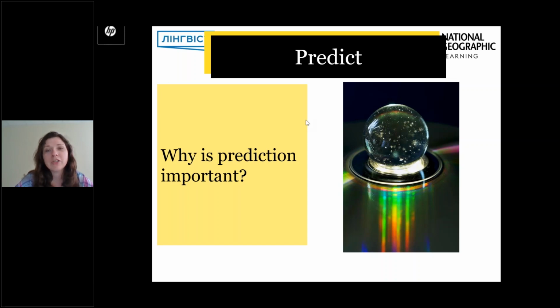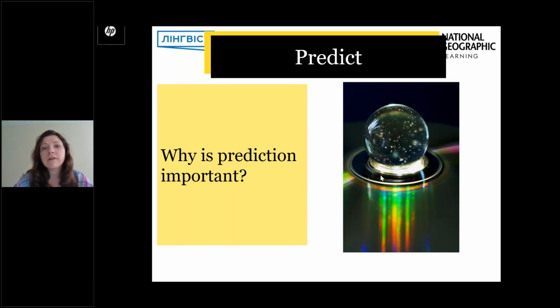So we need prediction to think critically, to train our brain, to generate interest, to develop imagination, to get into the topic. These are your ideas. Thank you. Open-mindedness, activate schemata, stimulate critical thinking, brainstorm, helps to engage our brain, attracts attention and gets them interested in the topic.